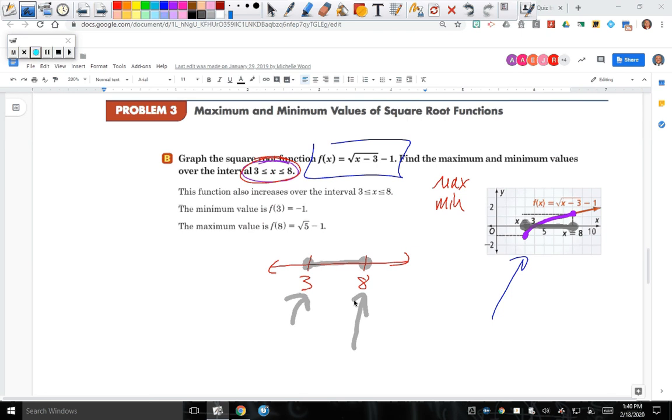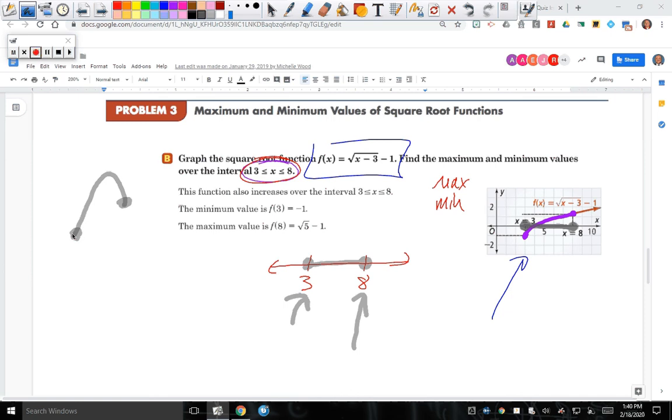You with me? Was it the same with x squared graphs? No. Why? Because x squared graphs change directions. So when you had something that looked like this, it wasn't necessarily the endpoints. It could be something in the middle.